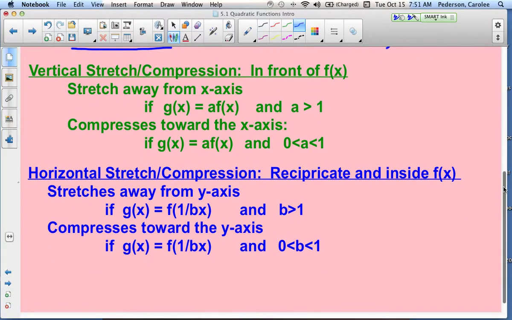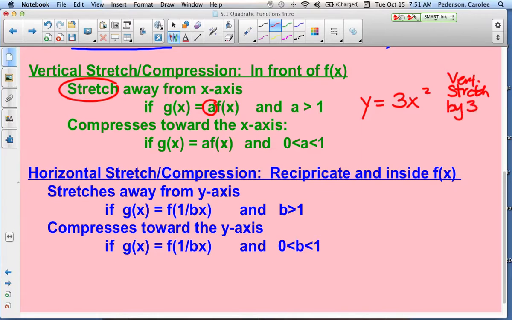The last two are your vertical compressions and stretches, your horizontal compressions and stretches. So if we have a multiplier in front of the function, like this, y equals 3x squared, it's going to be a vertical stretch. So we'd say stretch vertically by 3.